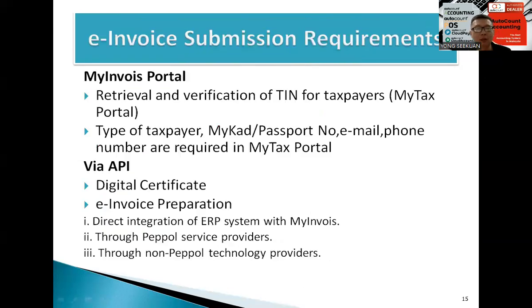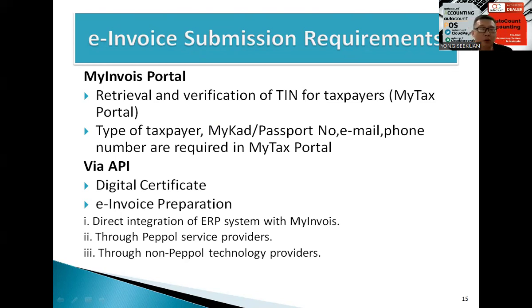When you want to use this e-invoice system, you still have some requirements. For the MyInvoice portal, you need a TIN number or your IC number, the same as your e-filing. If you submit your personal e-filing, you can log in by your TIN number or your IC number, right? I believe it's the same. If you use the API, you need a digital certificate.